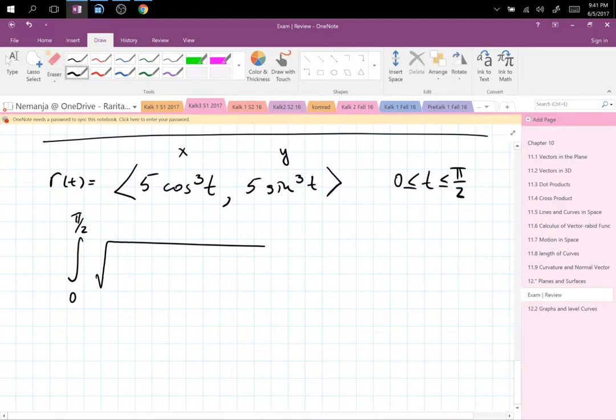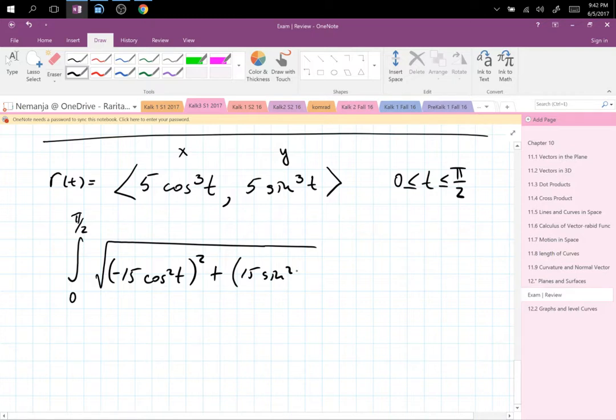The derivative of this is 15 cosine squared t, yeah, I had it right, everything squared, plus negative 15. Oh no, this one was negative. The derivative of cosine is negative sine. There we go. And this is 15 sine squared.